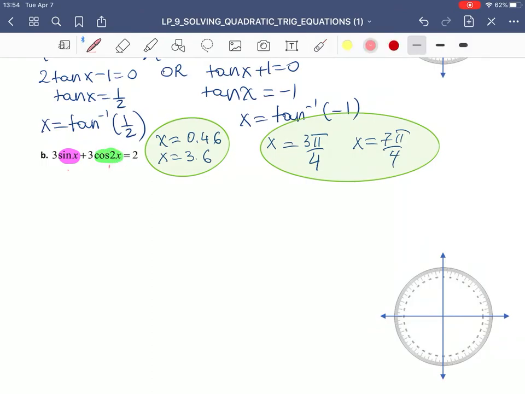So now we take a look at cosine of 2x. If you remember, we had quite a few formulas that we learned about double angles. So we said cosine 2x equals that formula that looks like Pythagorean identity, but it's not the Pythagorean identity because it has a minus between the terms. And then we said we had cosine 2x as 2 cosine squared x minus 1, or cosine 2x as 1 minus 2 sine squared x.